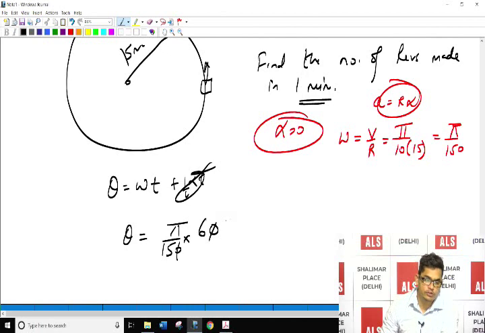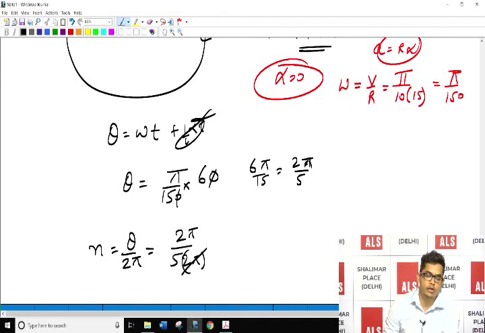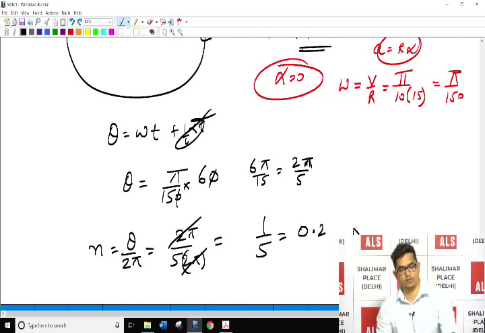So this is equal to 6 pi by 15 or 2 pi by 5. The number of revolutions made, n, is theta upon 2 pi, which is 2 pi by 5 divided by 2 pi. Pi gets cancelled, so 1 by 5 or 0.2 revolutions.